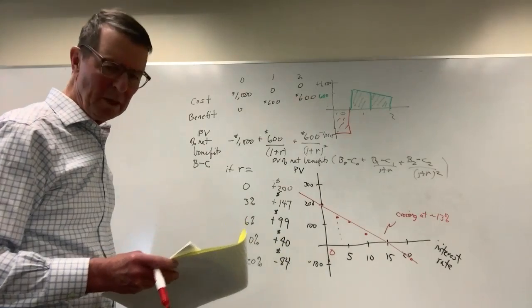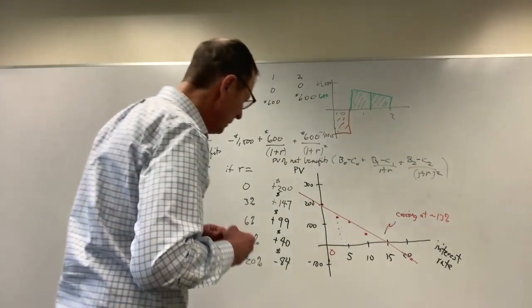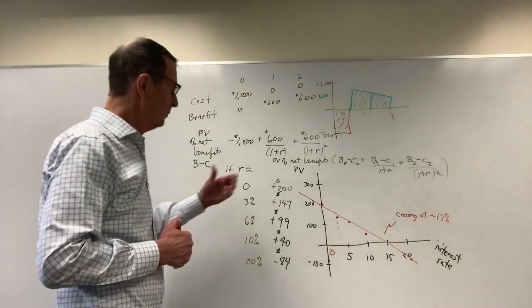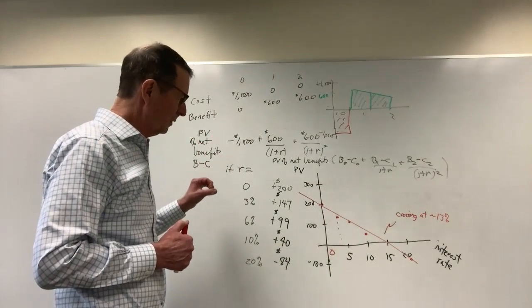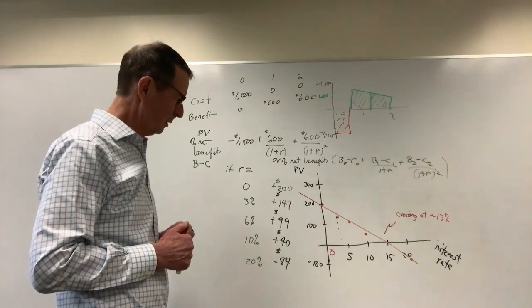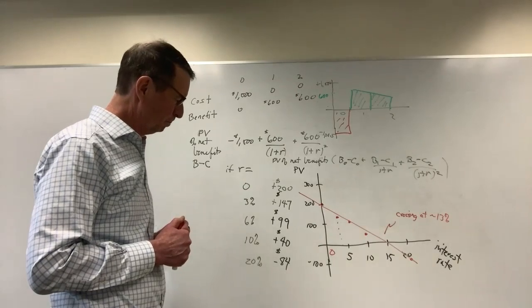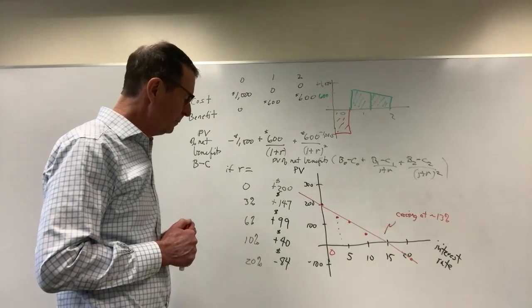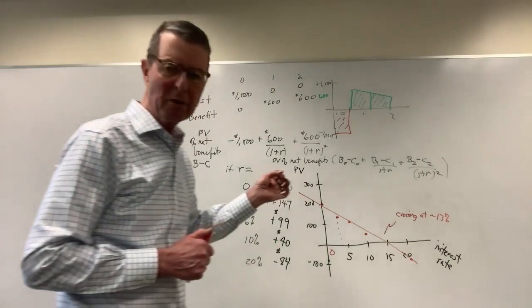And what you know from this, if the decision rule is, if an investment provides a positive net benefit when all the discounting is taken into account, then go with it. That should be true for an individual decision as well as a societal decision. But if it's negative, then it's not worth the investment.